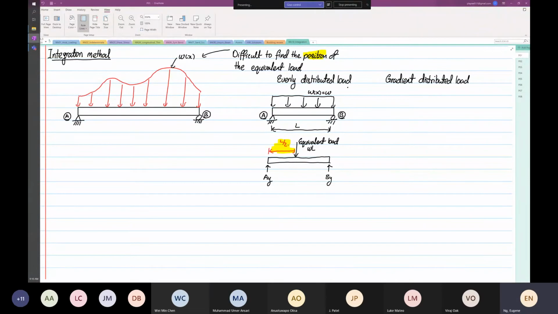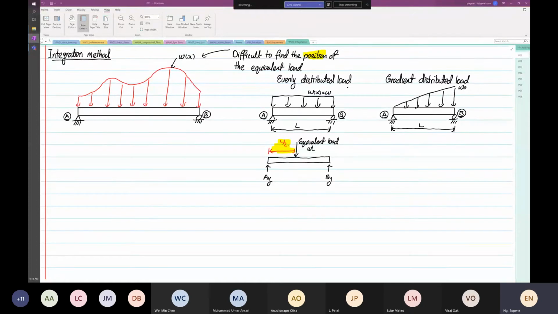So if this is your structure now, and then you have a load loading this way, and the maximum value is omega naught. It's spread over a distance from here to here, this is L, and this is our point A, and this is our point B.